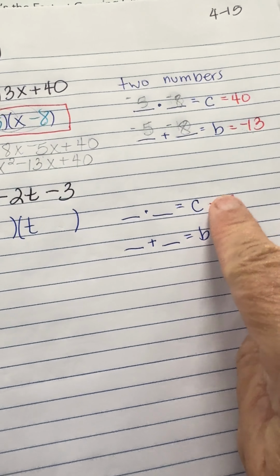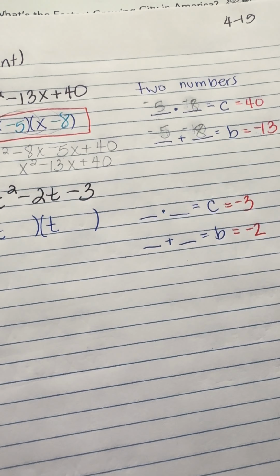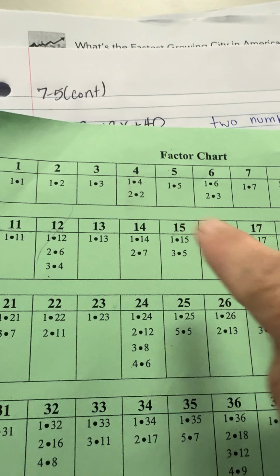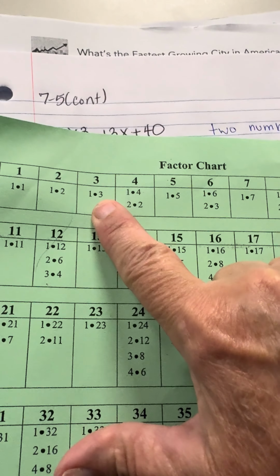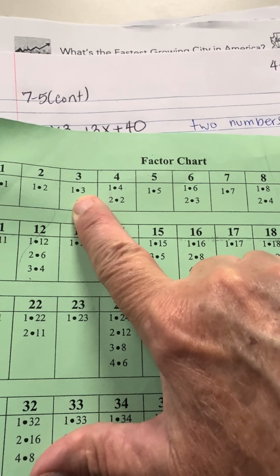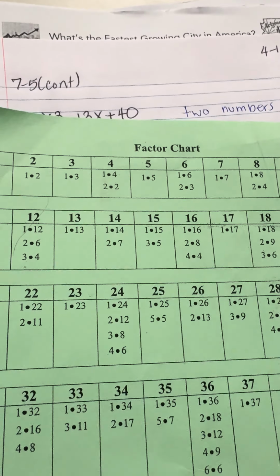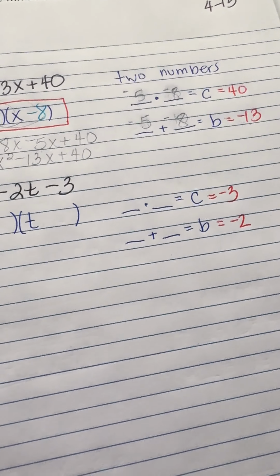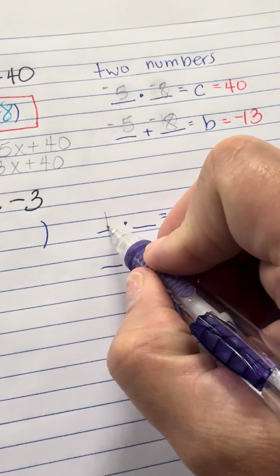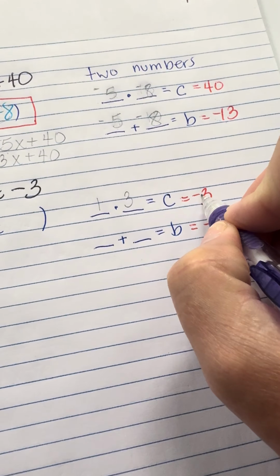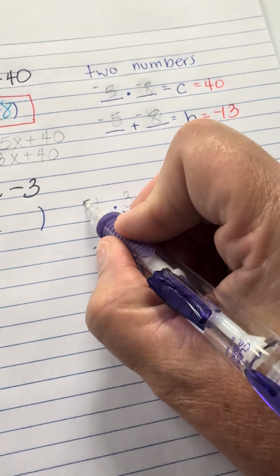So I'm going to my list and looking for numbers that multiply to give me -3. The nice thing is with some of these numbers that are prime, like 13, 17, 3, there's only one way to multiply and give me 3. So I know my numbers are 1 and 3. But here's the deal. I don't want them to multiply to give me a +3. I want them to multiply to give me a -3. So one of these needs to be negative.